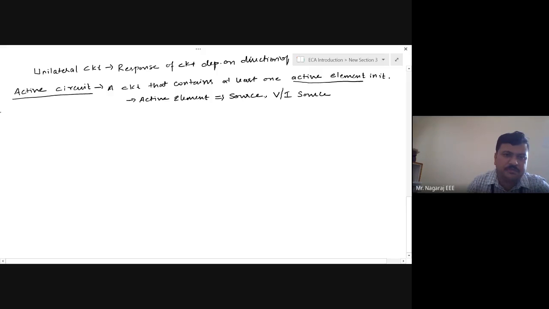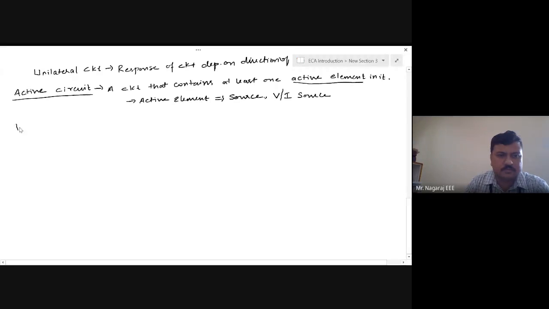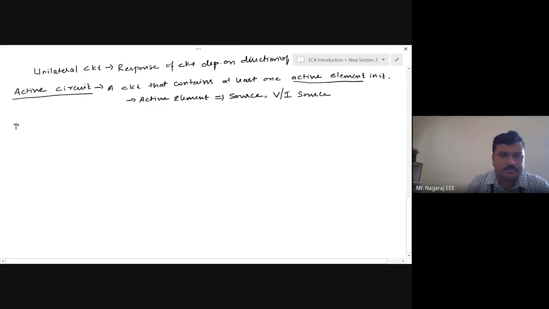And then passive circuit. Passive circuit is a bit more interesting than active circuit. So passive circuit is a circuit that does not contain any active element in it. Simple.